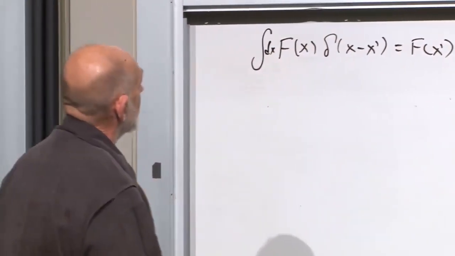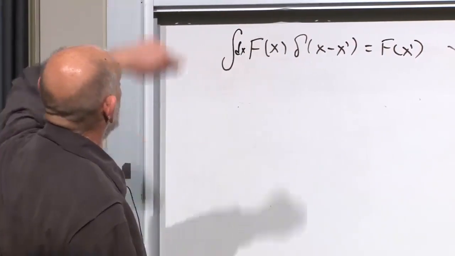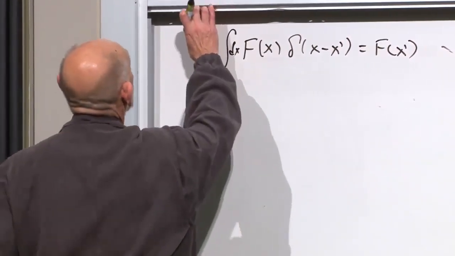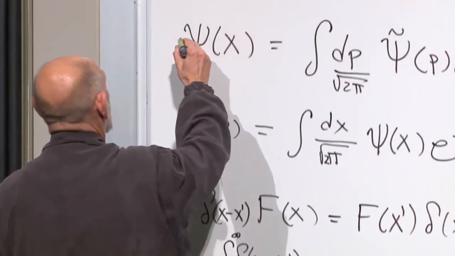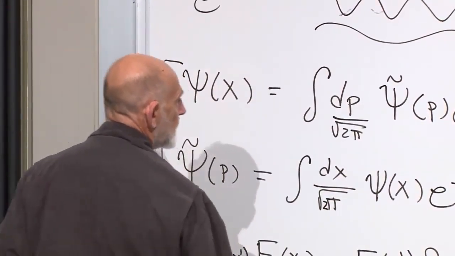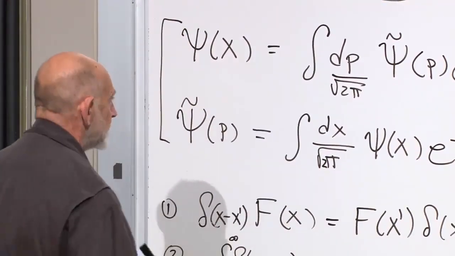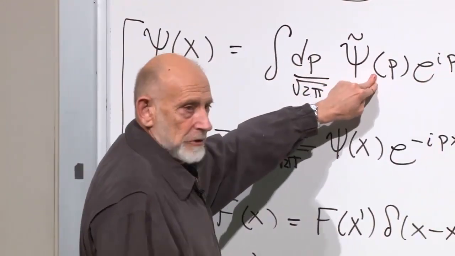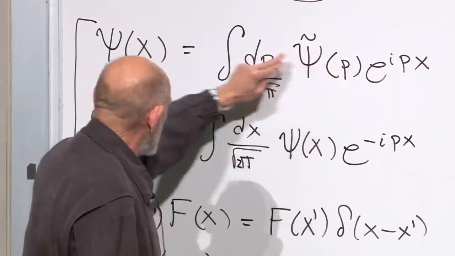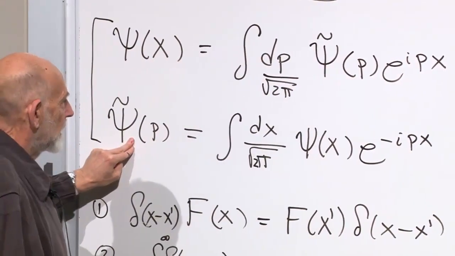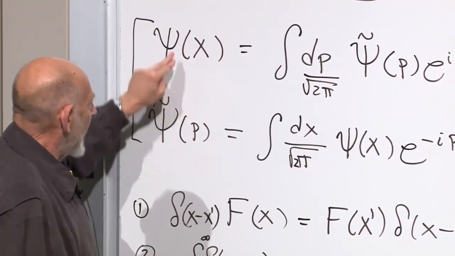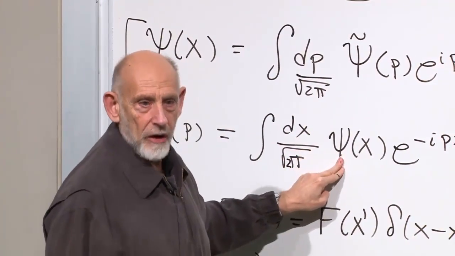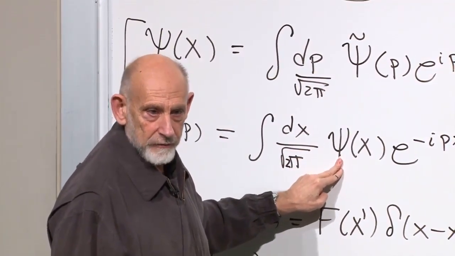Okay, now what I want to do is take the two top equations and put them together. I'm going to write that psi of x is equal to this thing, but then I'm going to plug in for this thing the second equation and re-express psi of x back in terms of the function psi of x itself.